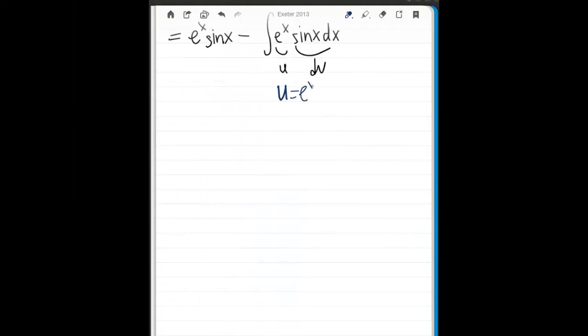Our u is e to the x, du is e to the x, and dv is this time sine x, and its antiderivative is going to be a negative cosine x.